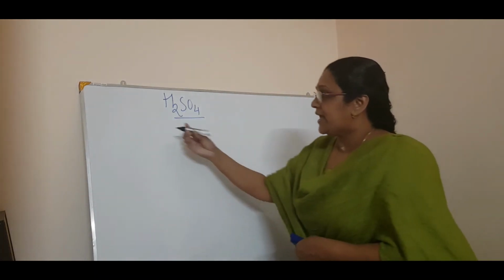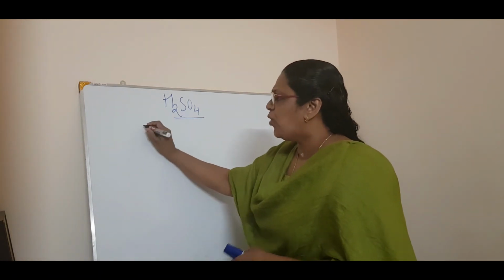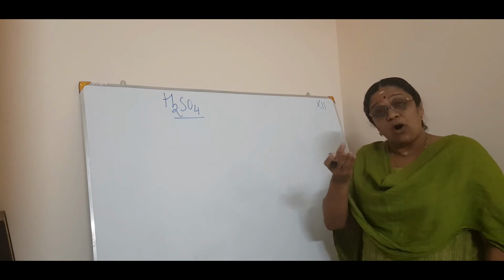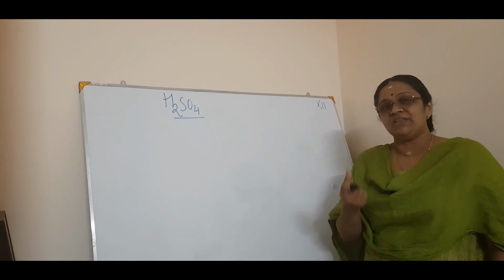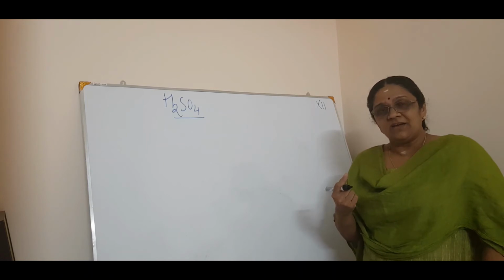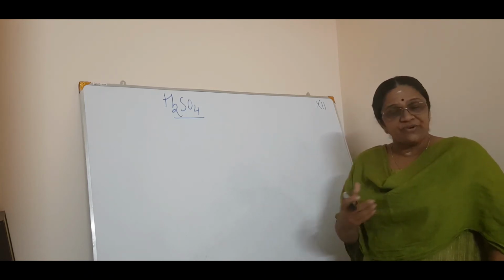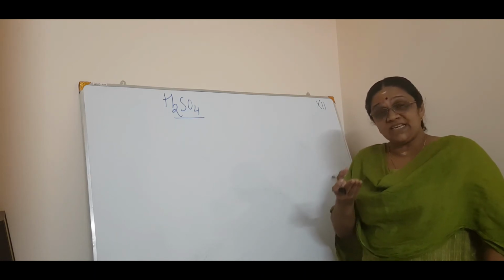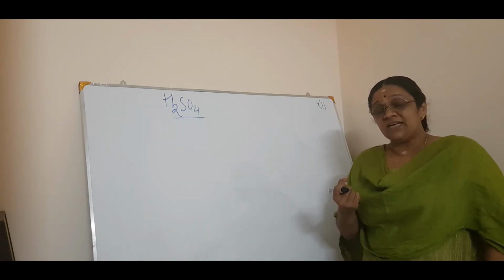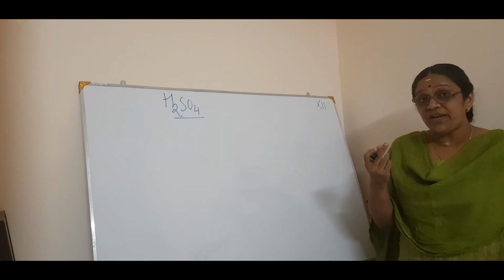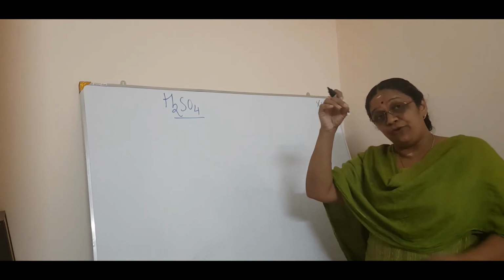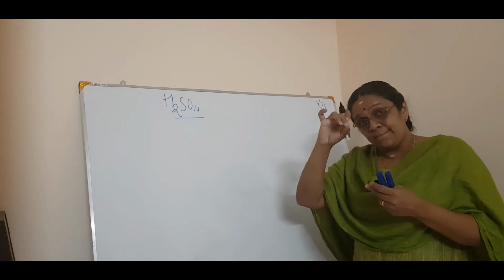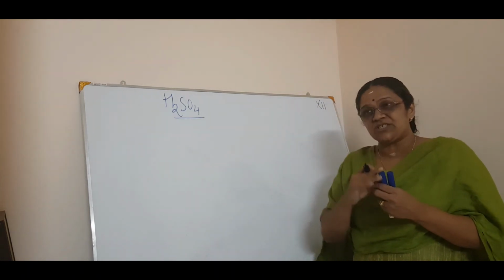See, the properties of sulfuric acid you know. Sulfuric acid is a colorless, dense, oily liquid. You are all familiar with sulfuric acid in the lab, dilute sulfuric acid and concentrated sulfuric acid as well, and fuming sulfuric acid. It's a dense liquid. That is why if you are doing the brown ring test, you add the sulfuric acid through the sides of the test tube.